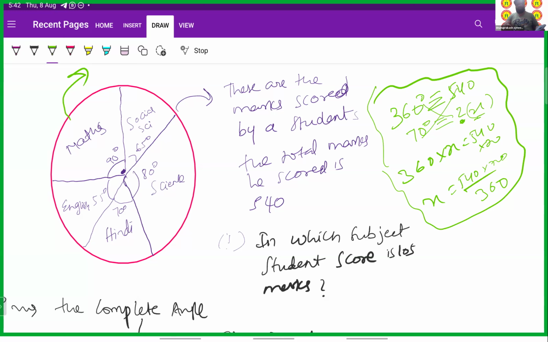So you people know the approach how to solve. Let's move on to the other problem. Sir, is maths 8.25 only? No, social I typed wrong, sir. Social is 135.